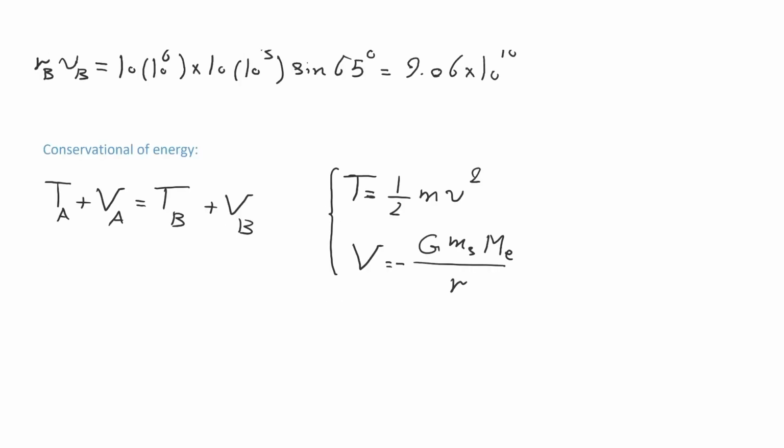The conservation of energy tells me that the summation of the kinetic energy and the potential energy at point A should be equal to the summation of kinetic and potential energy at point B. And we define the kinetic energy as half of the mass times velocity to the power of 2, and the potential energy for gravitational forces would be basically like this, which is minus G times the mass of the satellite times the mass of the Earth over the distance, and G is basically a constant.